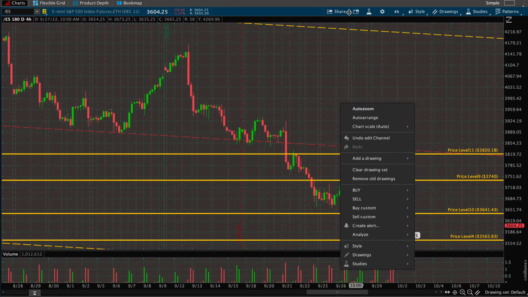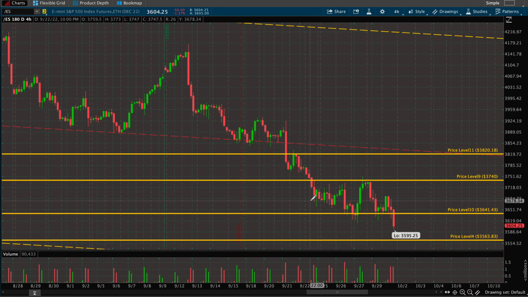Now, one key thing here, you can see this formation here. In the 4 hourly chart, you can see a lot of supply formed here, a lot of orders. Tried to break out, could not break out, and hence sold off.